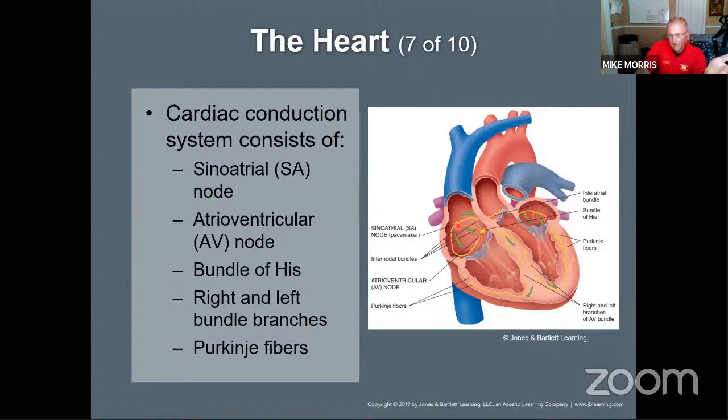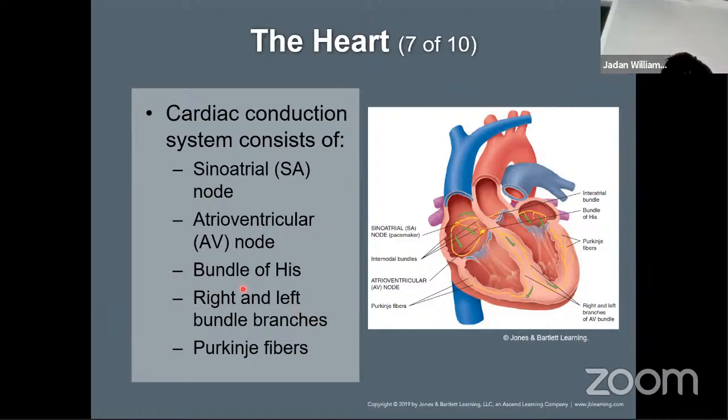But as this system goes down, the impulses slow, and the first place that it slows is at the AV node, right? So these guys control how the impulses are delivered. So 80 to 100 beats per minute, it comes down to the AV node, it slows down to 60. And then by the time you get down here around the Purkinje fibers, you're looking at 20 to 40 impulses.